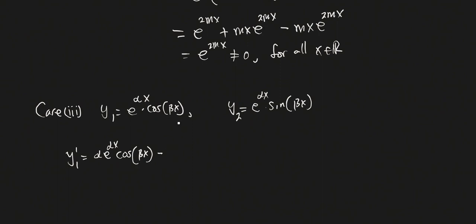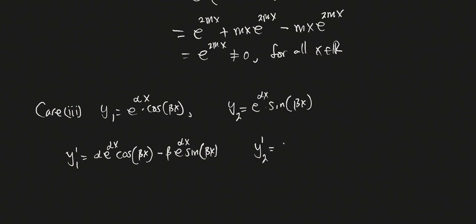When I differentiate cosine of beta x, I'm going to get a negative beta, but I'll put that first, then I'll put the e, then I'll put the sine of beta x, right? So that's the first derivative of y1. Let's look at the first derivative of y2.